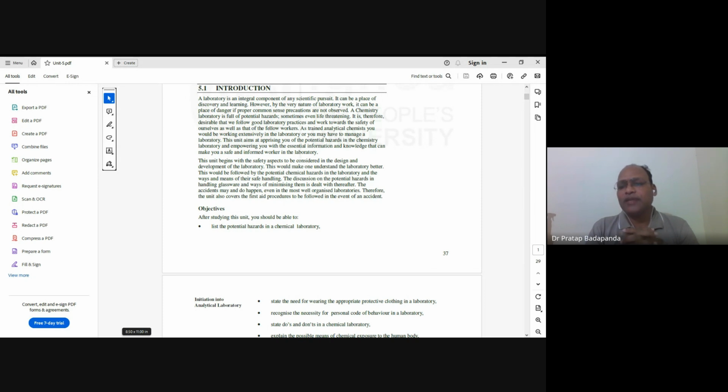Particularly, I do not give any space to my students in the lab to take this lab as a joke. That is my perception, because of what is written here that I shared with you: a chemistry laboratory is full of potential hazards, sometimes even life-threatening. Everyone's life is precious, so you should be careful.